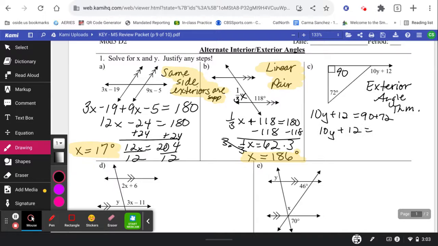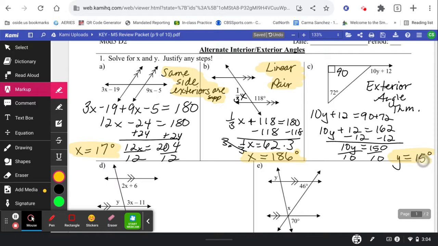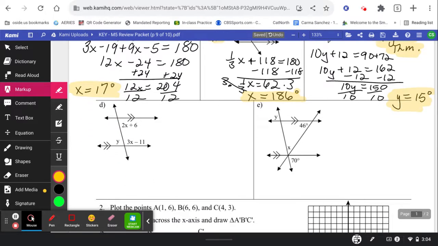So 90 plus 72 is 162 minus 12 from both sides. Gives us 150 divided by 10. And there we go. Did you get 15?